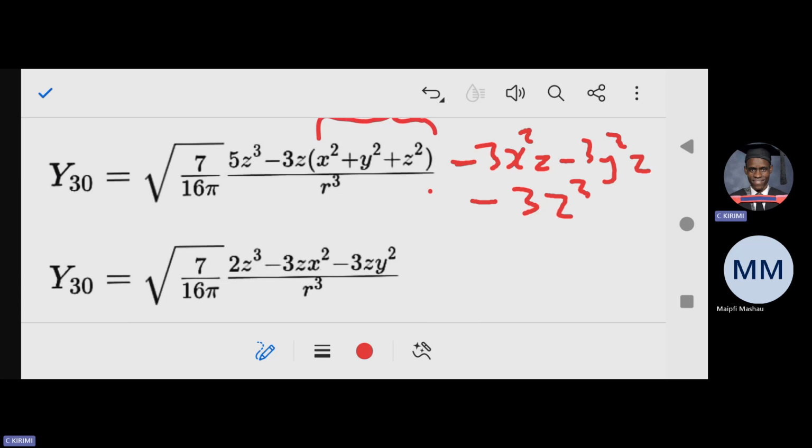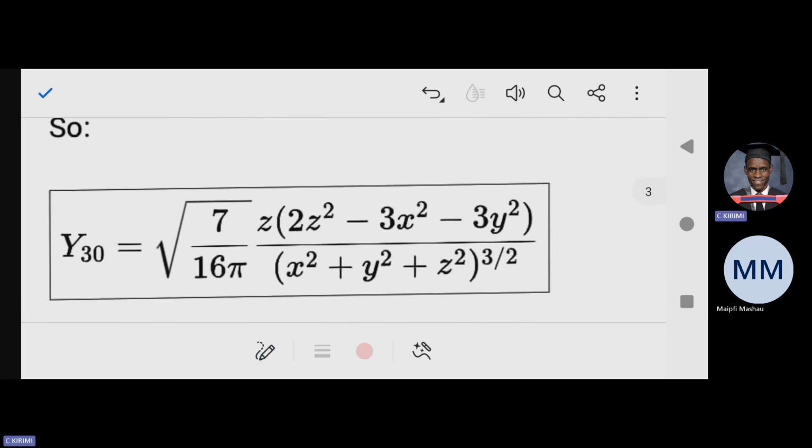So 5z cubed minus 3z cubed, that's why it's a positive 2. We are subtracting this part, so 5 minus 3 gives you 2. Then everything comes as it is, minus 3z x squared minus 3z y squared, everything over r cubed.